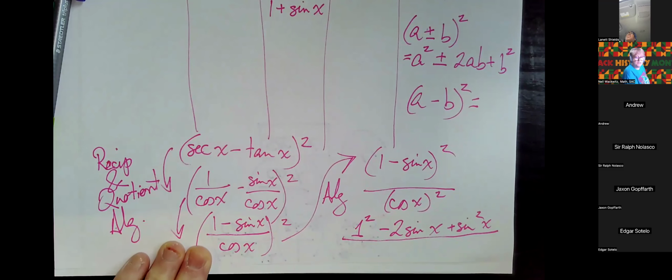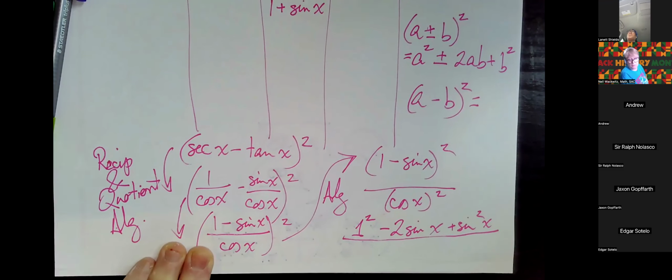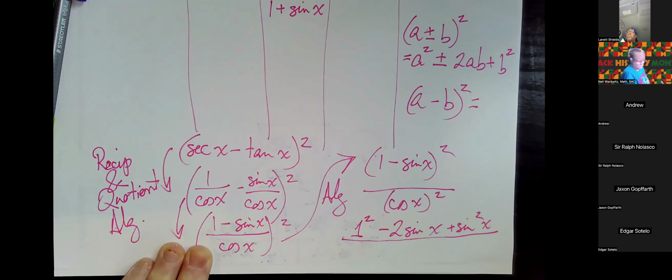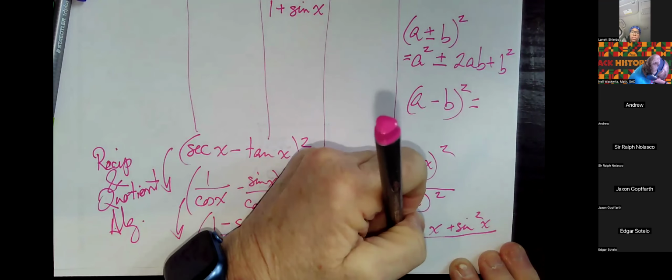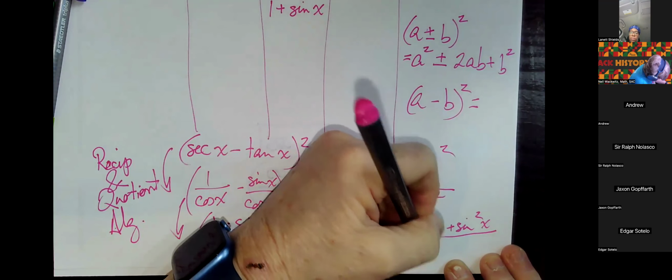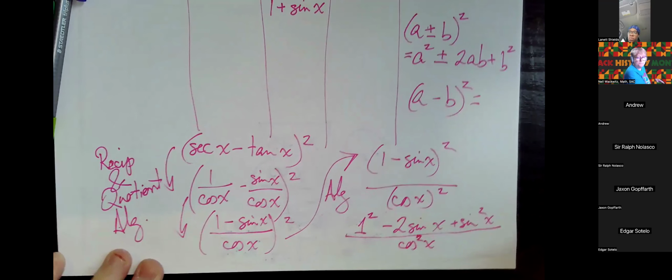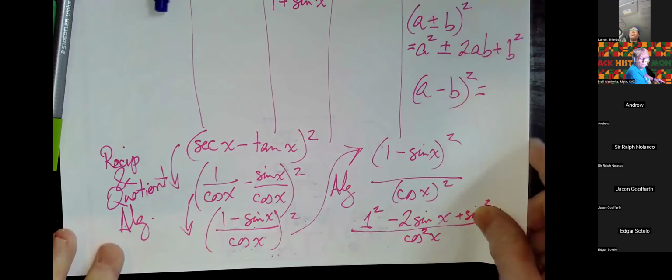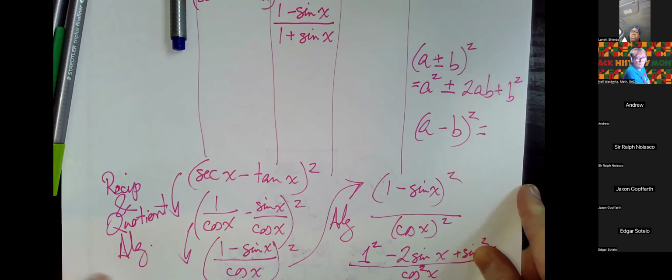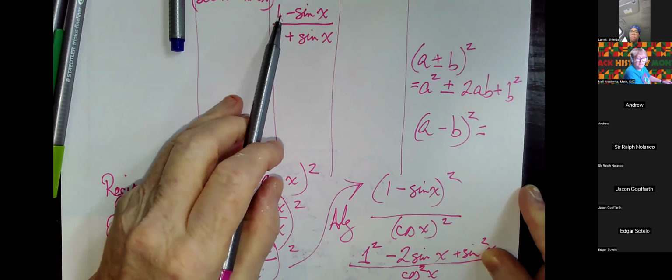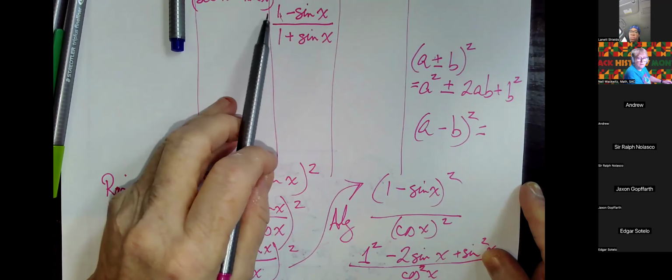How do we write cosine x all squared? Cosine squared x. And let's think about the goal. Oh, we wanted 1 minus sine x in the numerator.